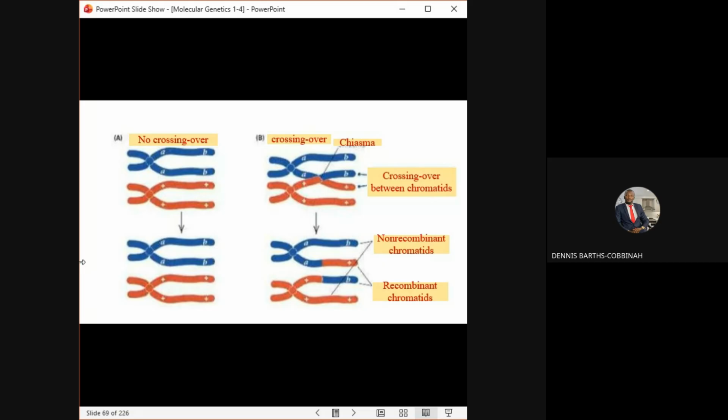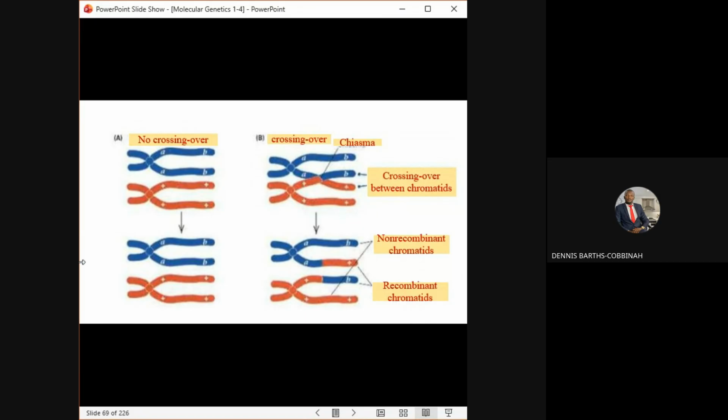In the A column, there is no crossing over, no breaking and rejoining of segments of the non-homologous chromosomes. But in the B column, certain segments of the blue homologous chromosome break and rejoin the non-homologous red chromosome.